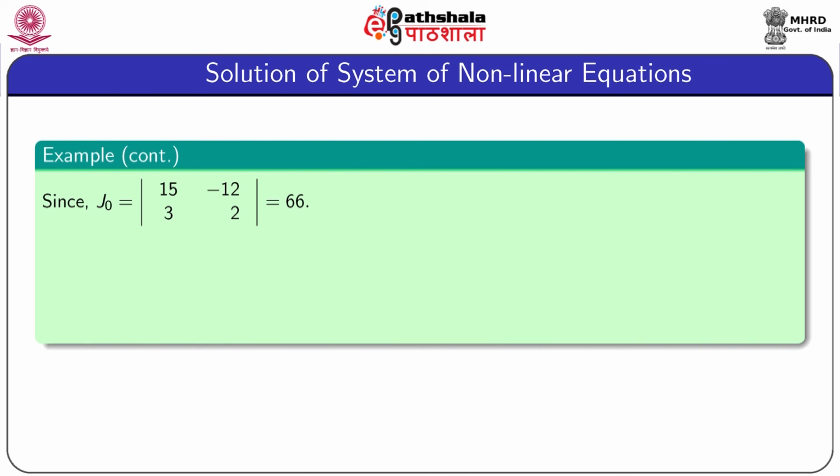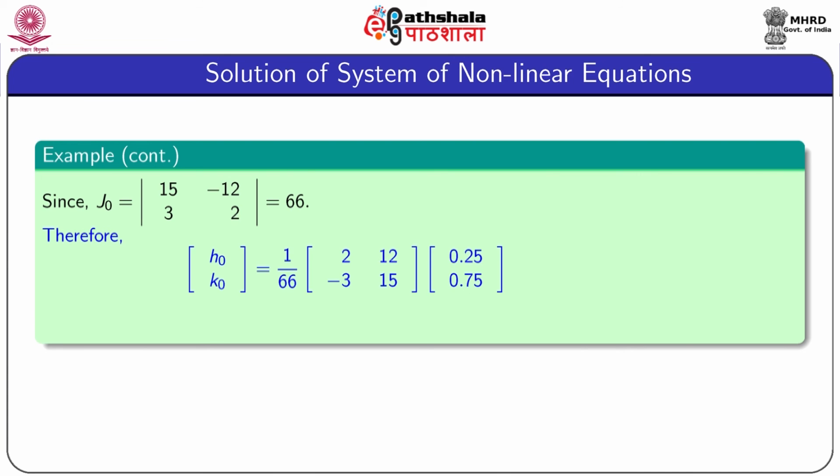Since J0 = 66, the value of the determinant of the coefficient matrix, by the matrix inverse method we can obtain the values of h0 and k0. After simplification of this product of the matrices, we obtain 0.143939 and the second element is 0.159091.